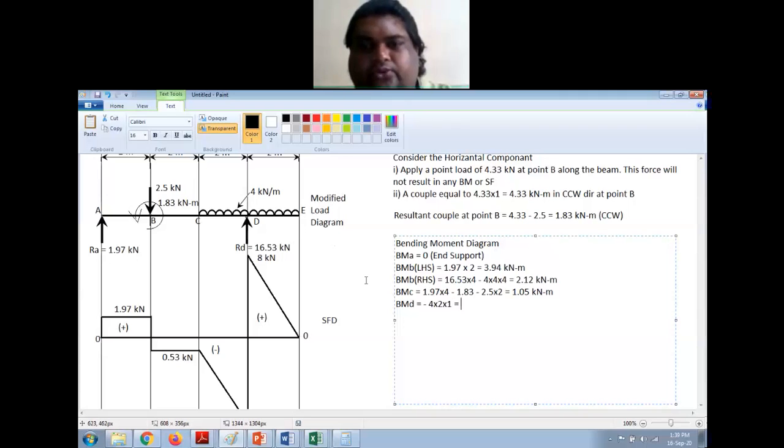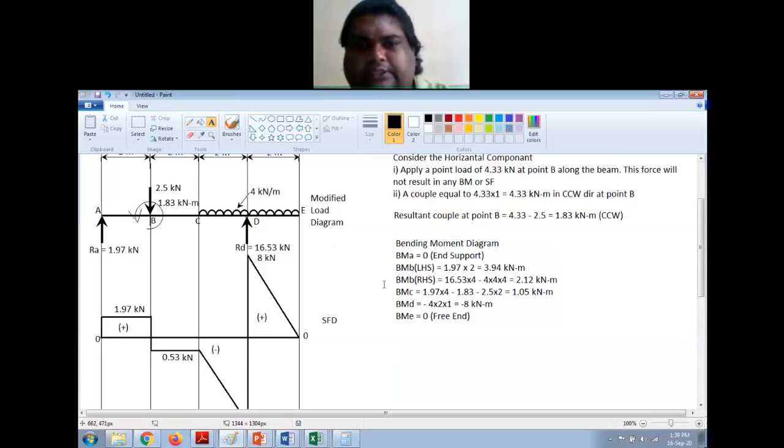So 4 into 2 is 8. It is minus 8 kilonewton meter, and BME will be 0. Why? Free end, right? So it's a free end, so the bending moment at this point will be 0.